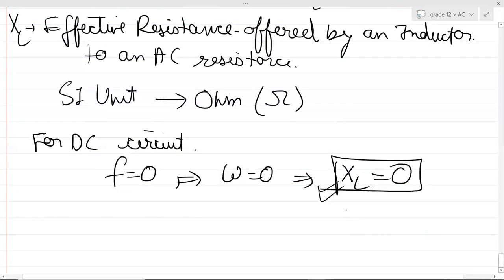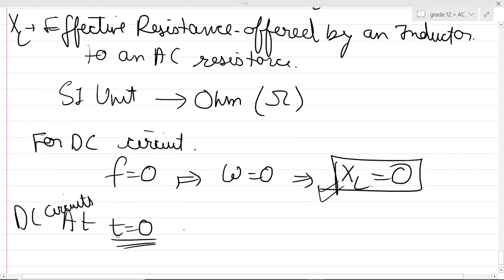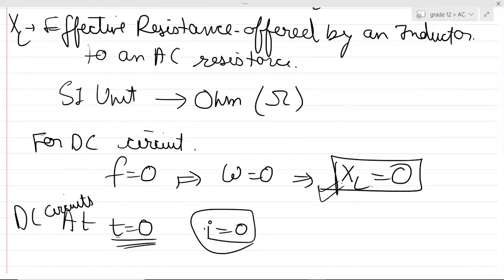No, right? At t equals 0 in the case of an inductor in DC circuits, at that instant the current started beginning. So the rate of change was maximum, but the current was 0, right? Initially it did not oppose anything, but when the current starts changing, then the opposition started.